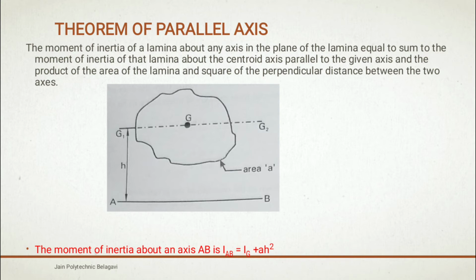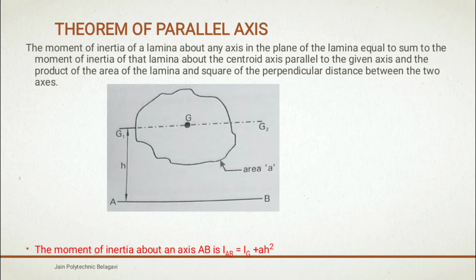So it is going to give us the moment of inertia about any axis which is lying apart from the lamina, so that axis is AB here. So this theorem of parallel axis completes. I think you have understood exactly what it tries to tell us regarding the moment of inertia of any lamina about any axis.